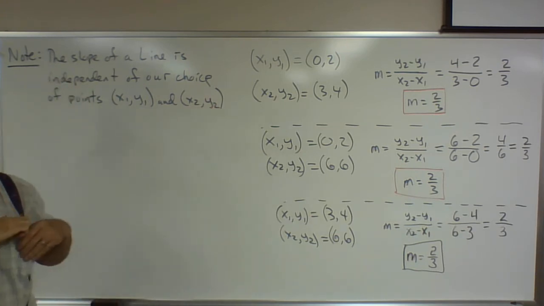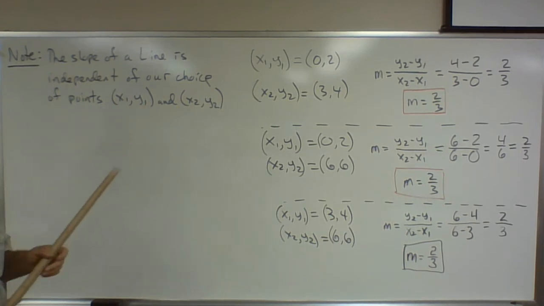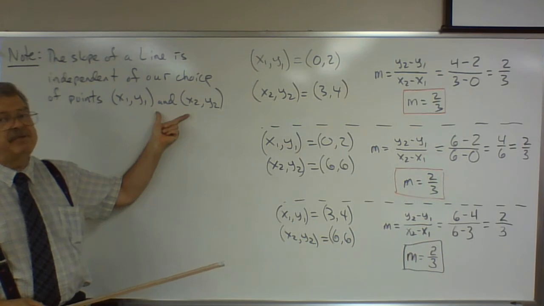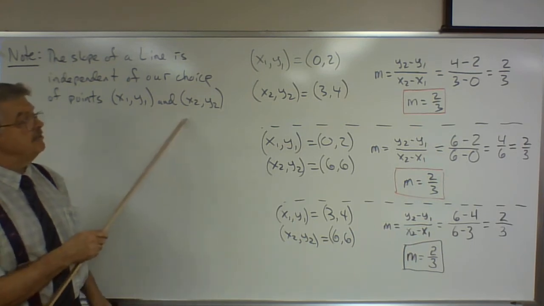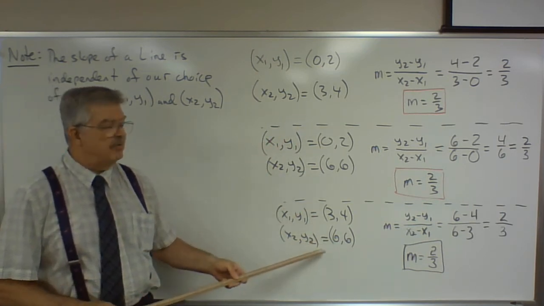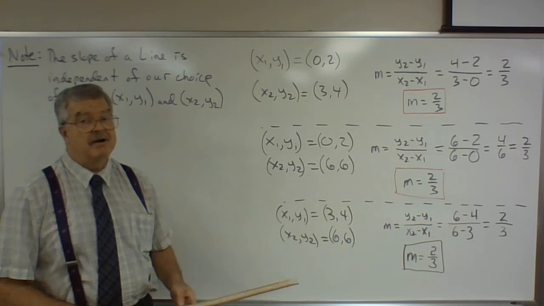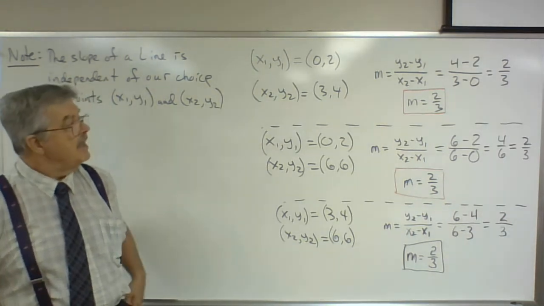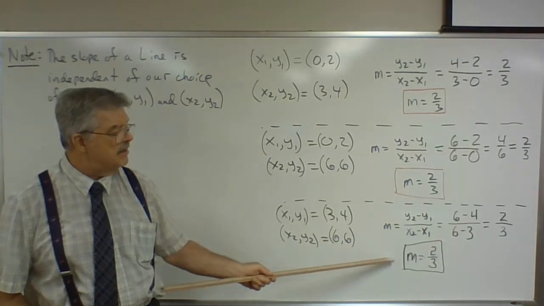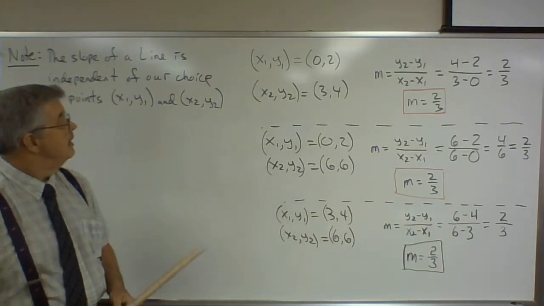You may have wondered about this. Does it matter which pair of points we pick on the line in order to compute the slope? And the answer is no. We used 3 different pairs of points on our line to compute the slope. And in each case, we got the same slope, m equals 2/3.